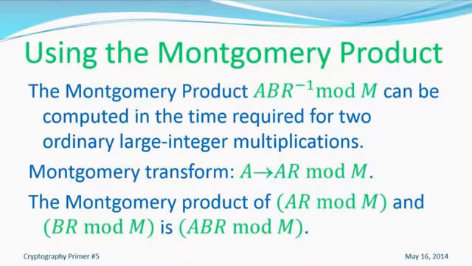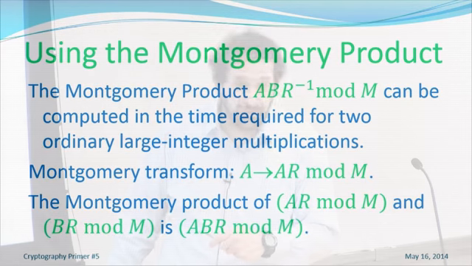Normally, what we do is a multiplication to get A times B, and then a division, which is much worse than a multiplication, many times worse. Instead, it's a multiplication and another multiplication, much, much better. OK? So you can verify this on your own. I'm not going to push through this. But the trick is this. The Montgomery product that you can compute efficiently is A times B, remove an R.